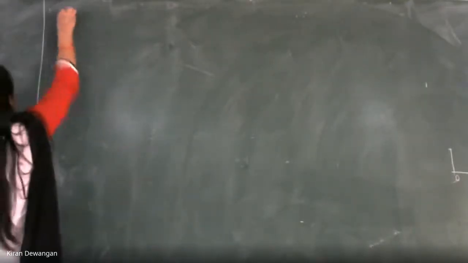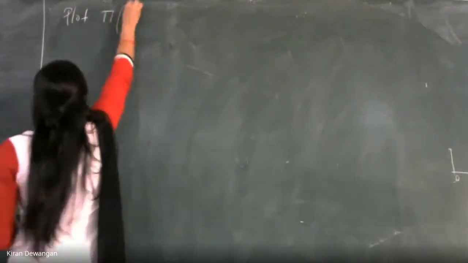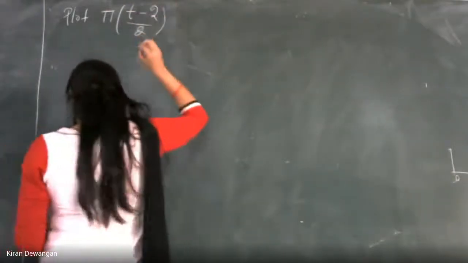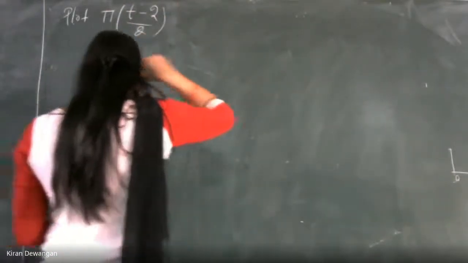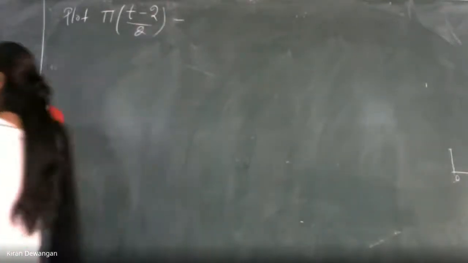Write down. Plot pi of (t minus 2) by 2 plus pi of (2t minus 3.5).